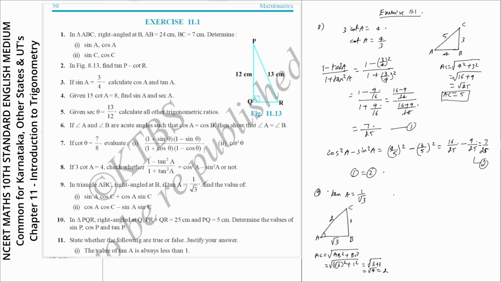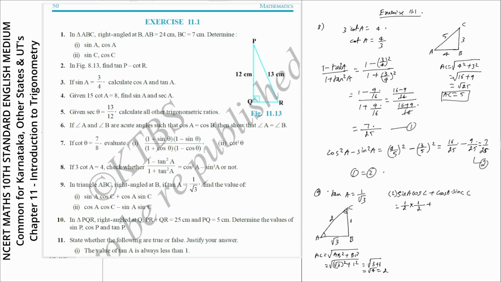Now what should I evaluate? First one, evaluate sin A cos C plus cos A into sin C. Sin A is opposite by hypotenuse, that is 1 by 2, into cos C. With respect to angle C, cos C is adjacent, adjacent side is CB, that is 1, hypotenuse is 2.